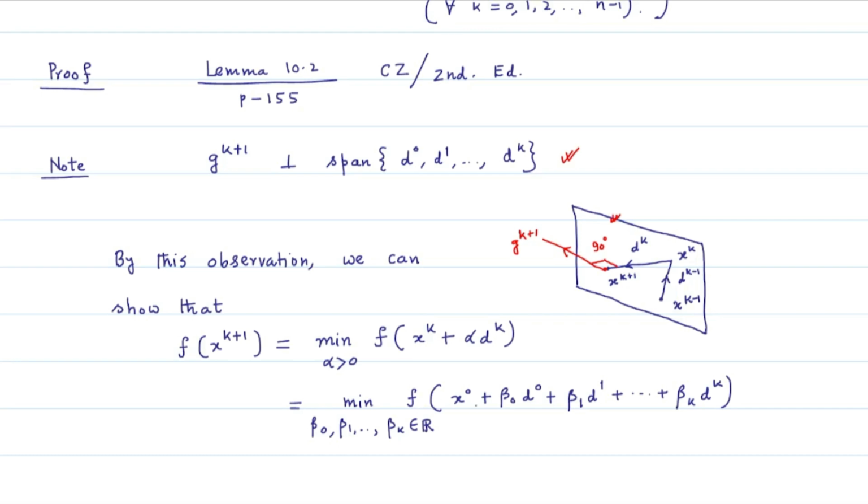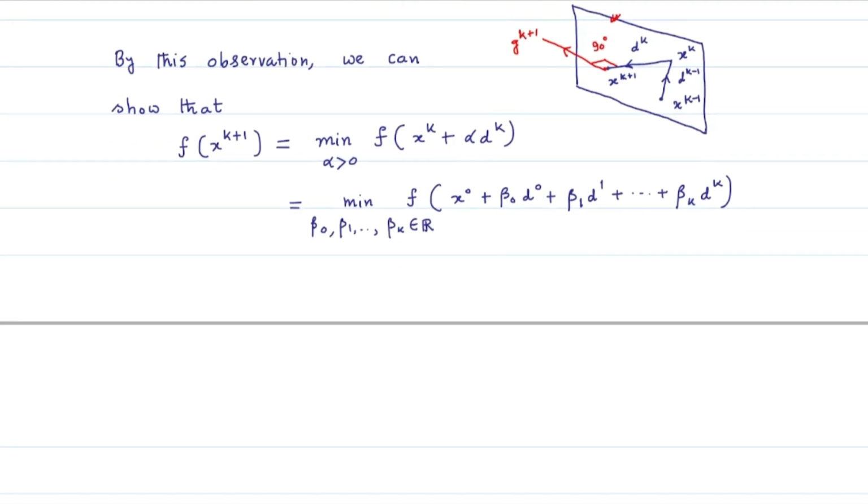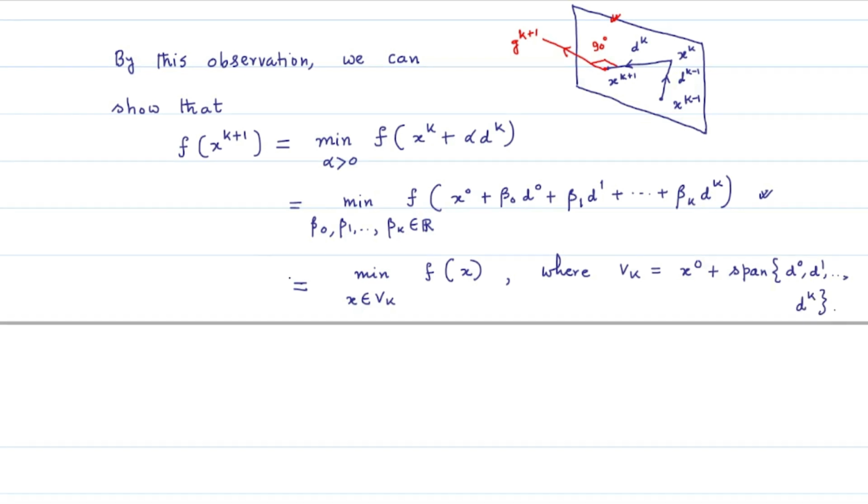You minimize this expression, you are going to get the function's value at the point xk+1. We notice that this minimization is actually the minimization of the function f over the vector space Vk, where this vector space Vk is given by x0 plus the span of the vectors d0, d1 till dk.